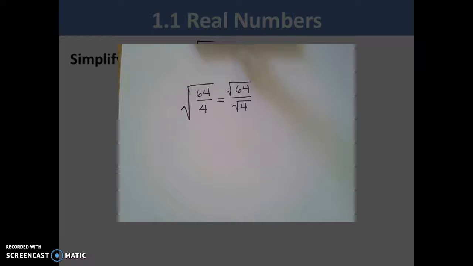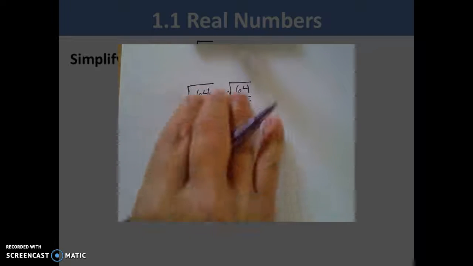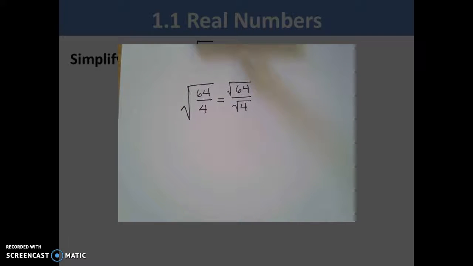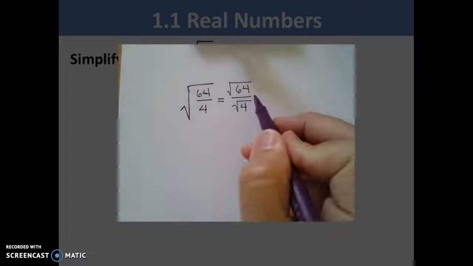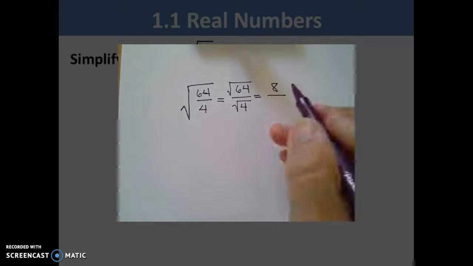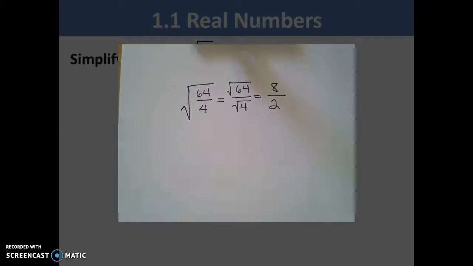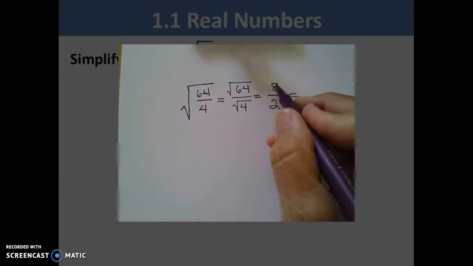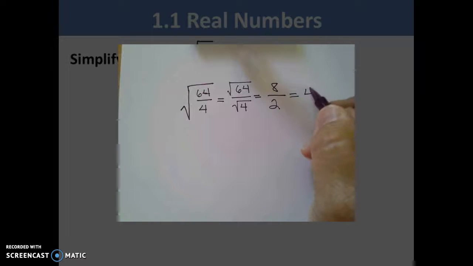These two things are completely equal because in this situation, the whole fraction was under the radical bar. Now I know the square root of 64, and that is 8. And I also know the square root of 4, that is 2. Now I just have a fraction to simplify. 8 divided by 2 is 4. And I have simplified that radical.